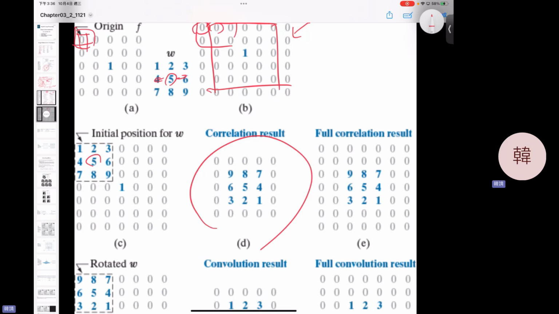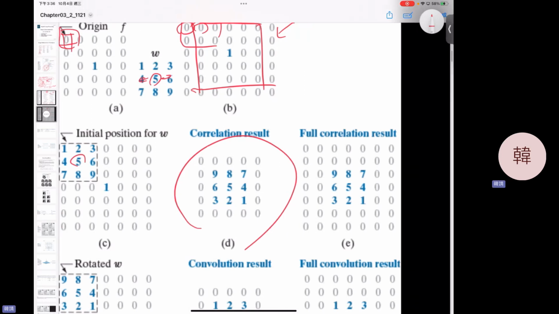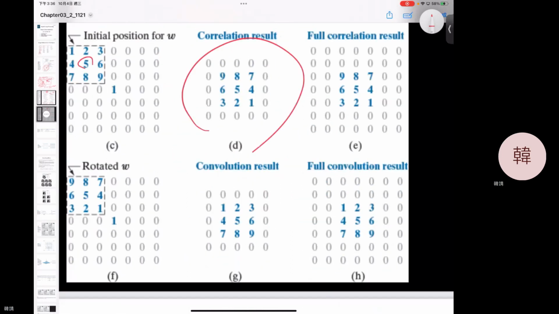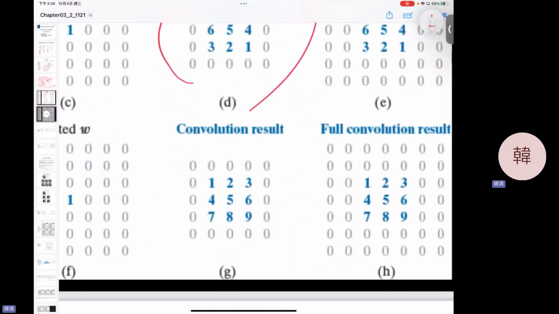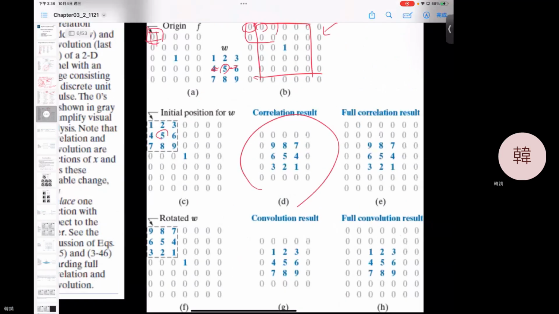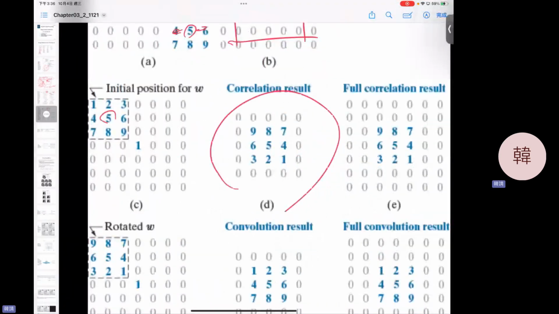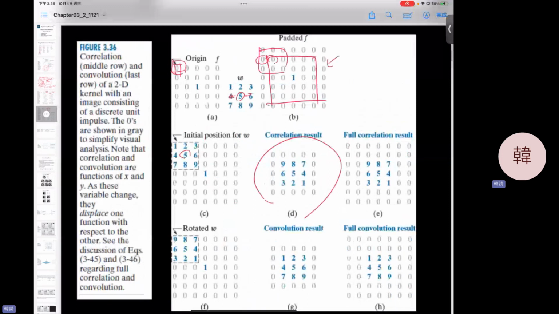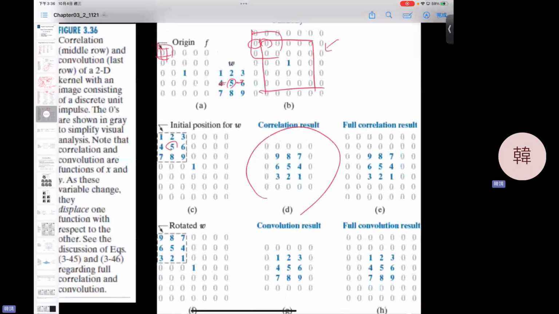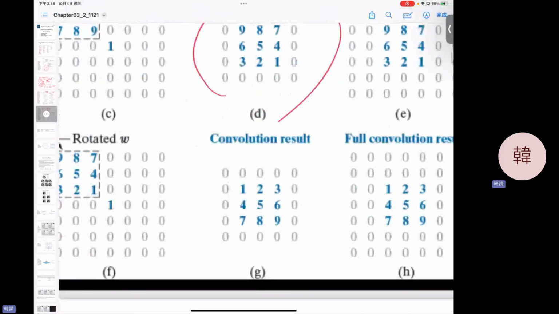But how about convolution? Convolution here. Sometimes it disappears, sometimes okay, anyway, let's see. Exactly the same mask, but I perform the convolution with this impulse function.